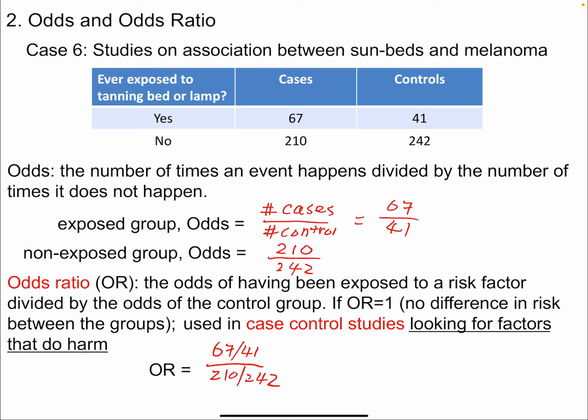Using a calculator, I already got the number. This is 1.88. It means the odds of a person exposed to sunbed in getting melanoma is 1.88 times that of a control.